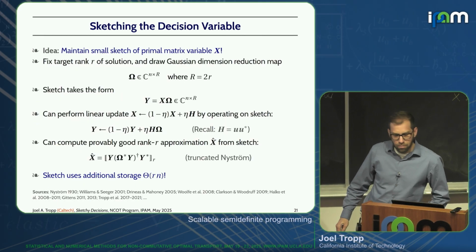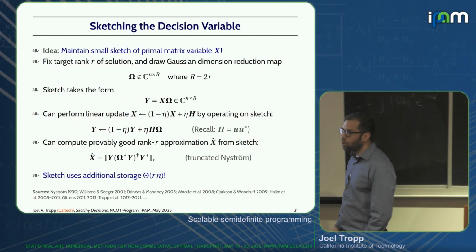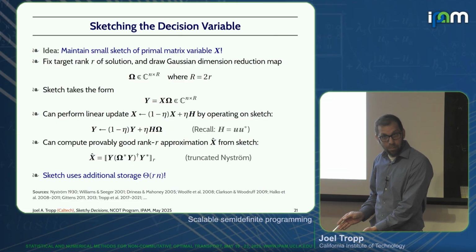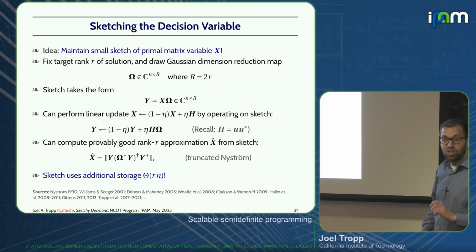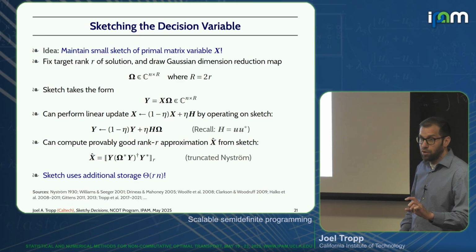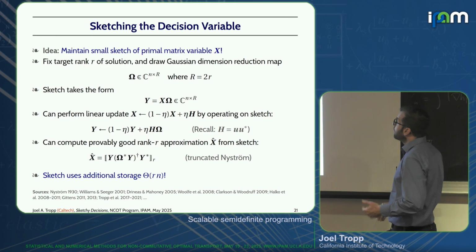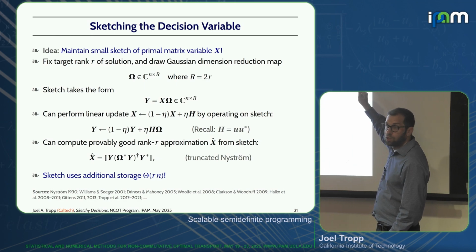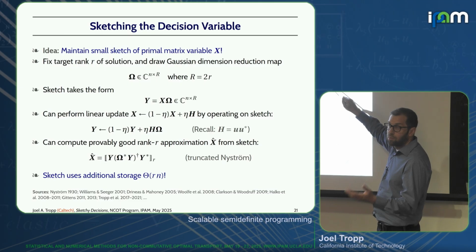So the idea here is that we're going to add another set of steps to the algorithm, which allows us to track the matrix decision variable using sketching. Briefly, we're going to fix a target rank for our solution of the optimization problem at the beginning. We're going to draw and fix a Gaussian random matrix, which is part of the data for the sketch.